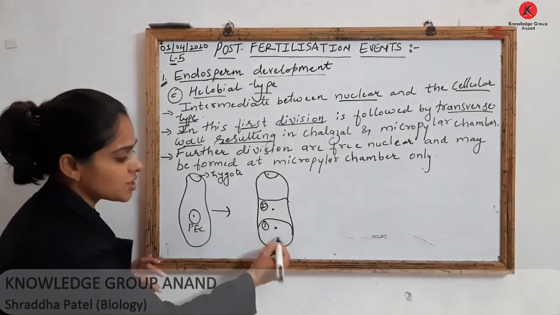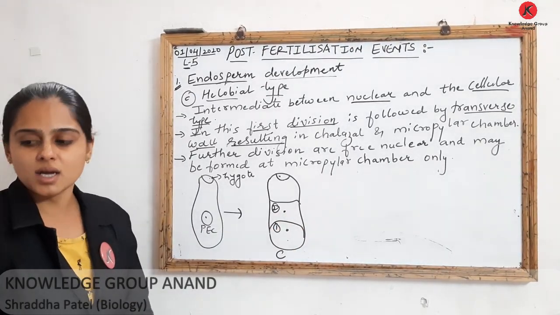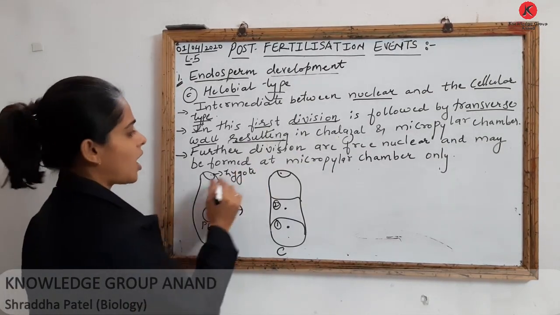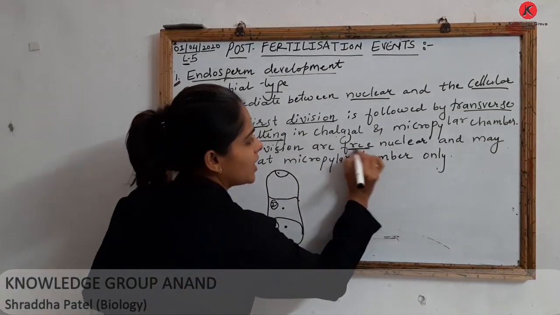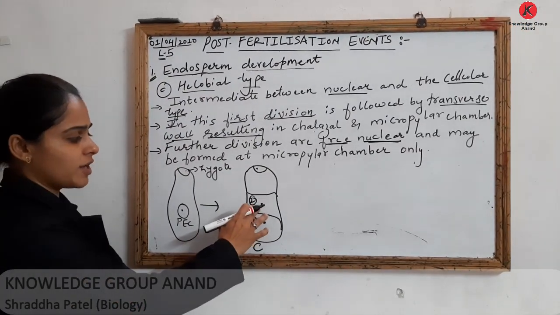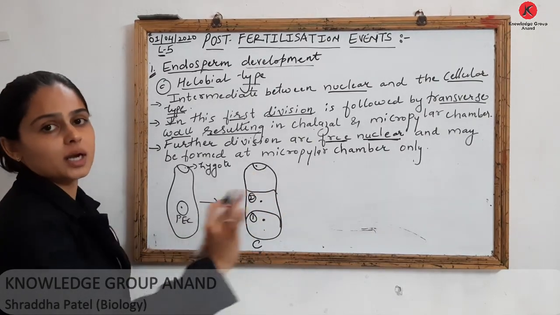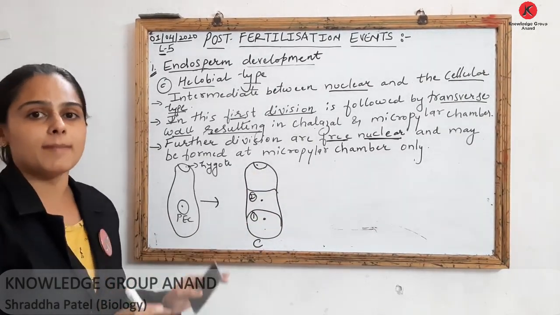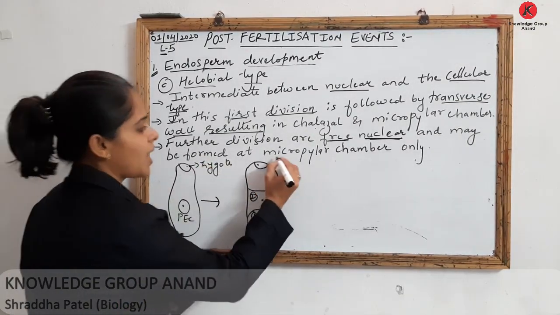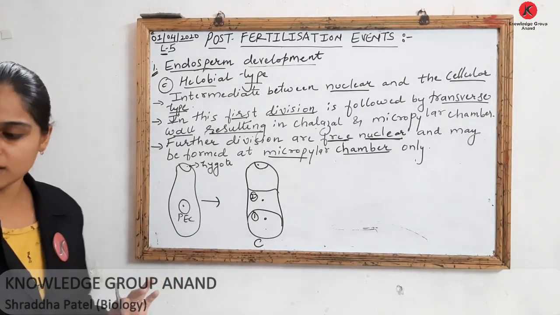Okay, so this is your chalazal chamber and this is your micropylar chamber, followed by which जो division होगा it will be like your nuclear type, मतलब this nucleus will undergo division to form many nuclei, and most probably these nuclei are formed at your micropylar chamber.